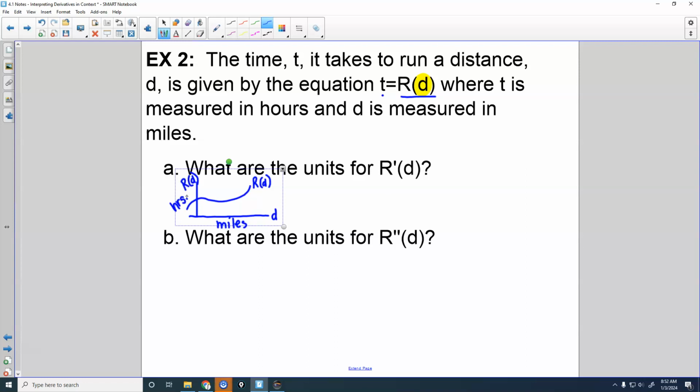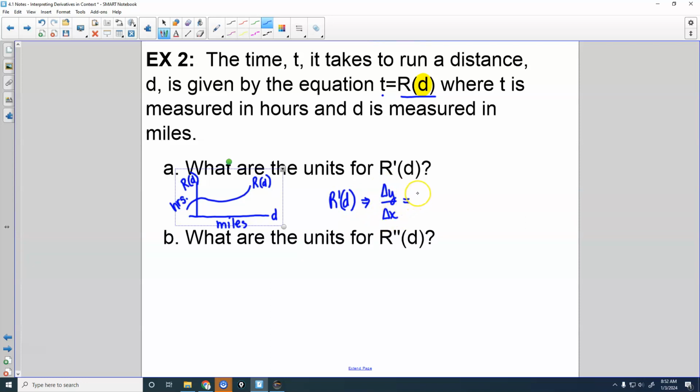Because when I see miles and hours, my brain immediately says miles per hour is going to be the derivative. Because miles per hour is what we normally talk about, right? But it is not in this case. Because R prime of d is going to be the change in our y-axis over the change in our x-axis.